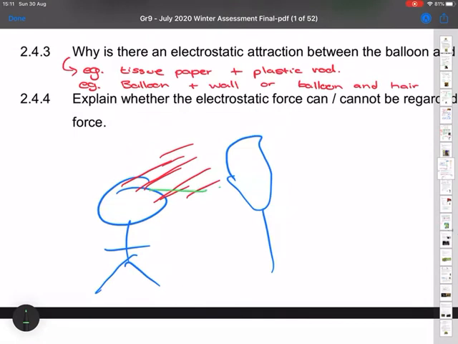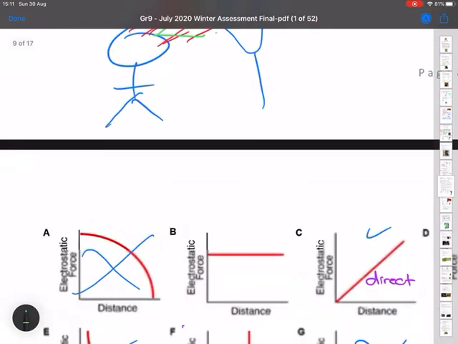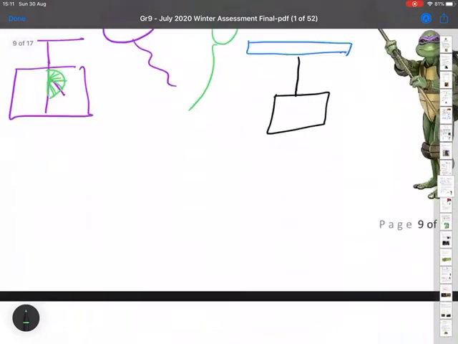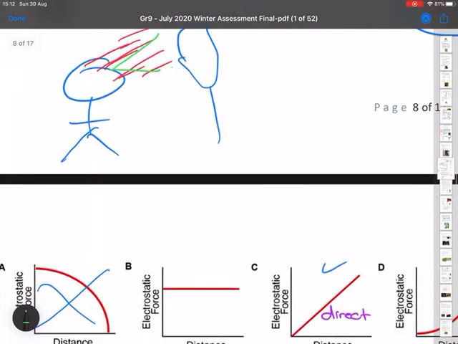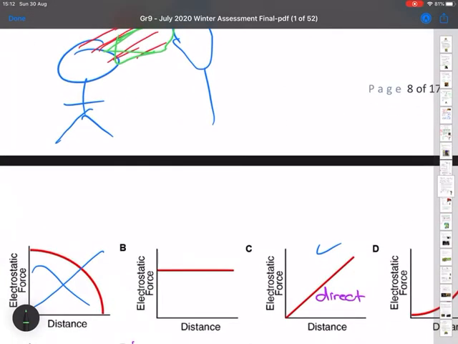If you move the balloon up, how much the hair changes by. You'd also need a ruler to measure the distance between the balloon and the electroscope, or the balloon and the plastic rod, and the balloon and your hair. So you need a measuring device, and the pivot or electroscope, and fabric to rub against the rod to charge it. Those are the sort of things that you need to discuss.